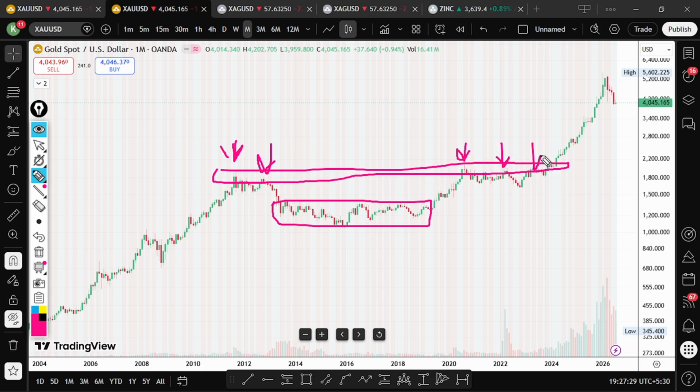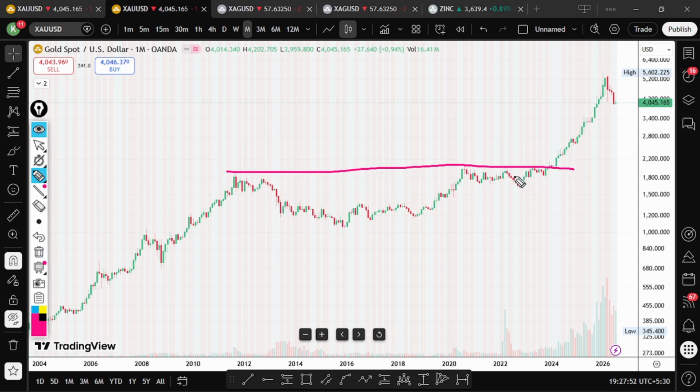With every touch, the move down went less far, closing the gap. Here we can clearly see the sellers have exhausted. They tried to push gold down again and again, but when the market closed down on that level, there was no other option remaining for the sellers.